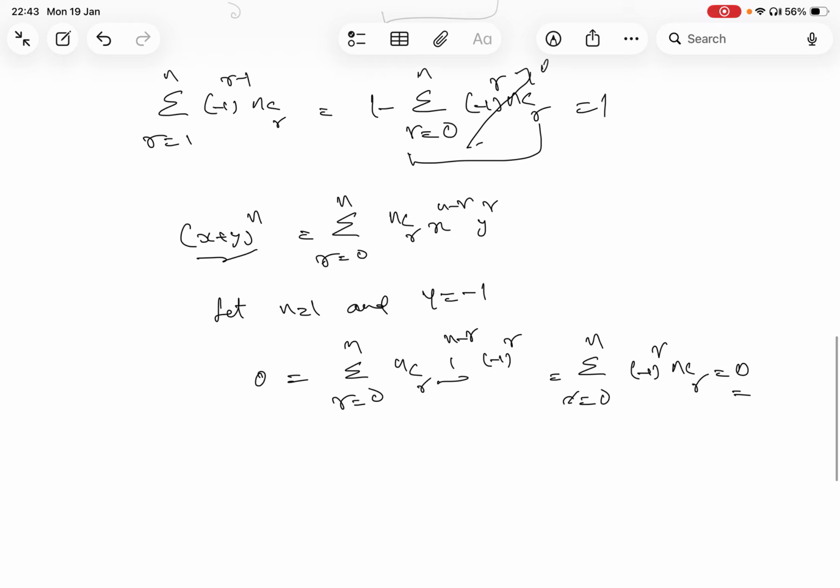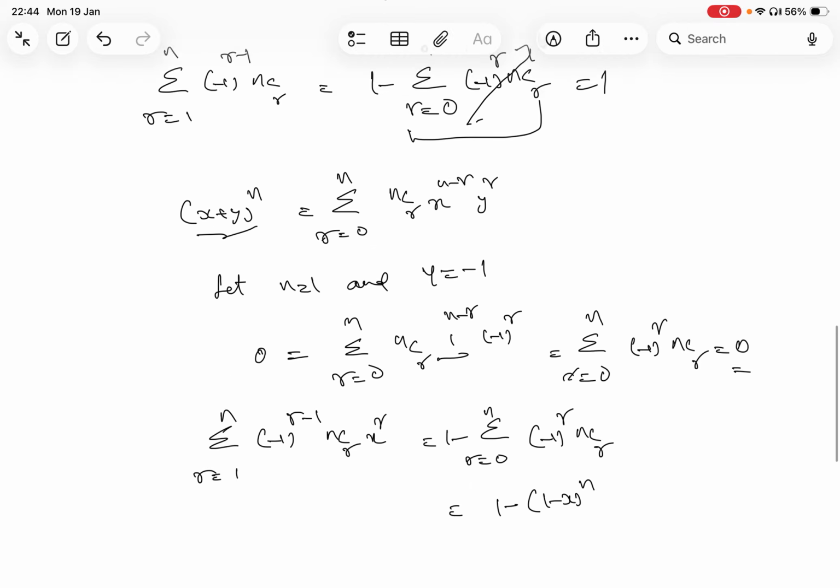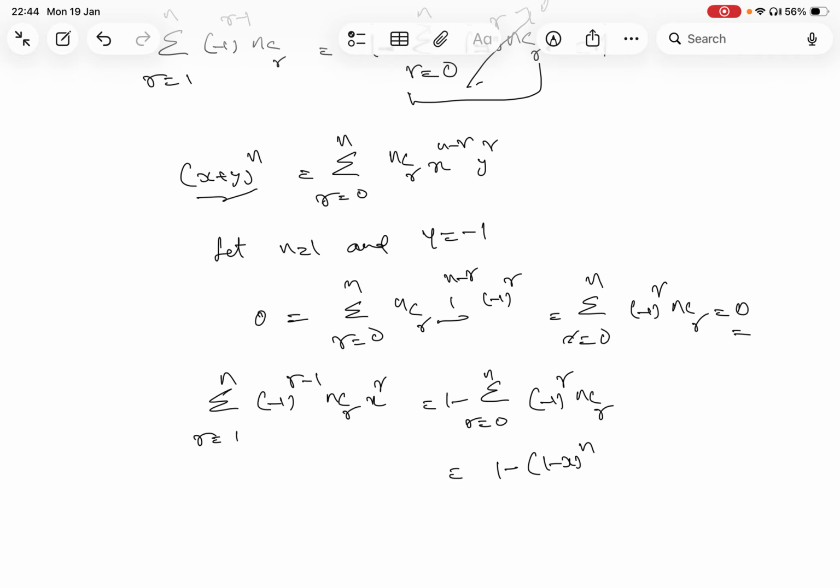Similarly, the second part, summation r equal to 1 to n of (minus 1) whole power r minus 1 nCr x power r, can be written as 1 minus summation r equal to 0 to n of (minus 1) whole power r nCr x power r, which can be written as 1 minus (1 minus x) whole power n. The same form x plus y whole power n applies in this case.